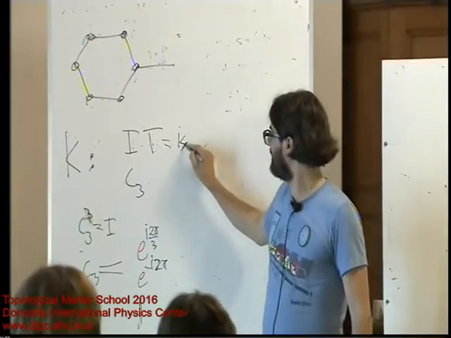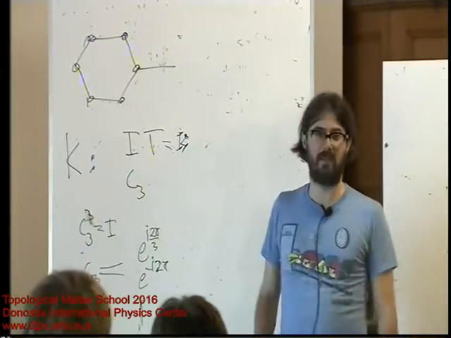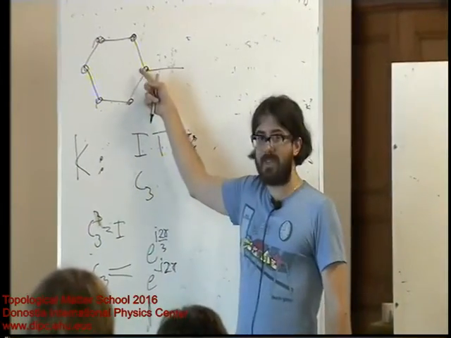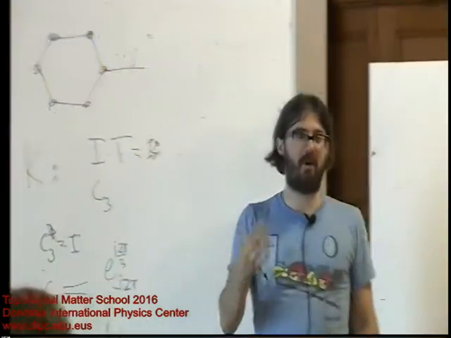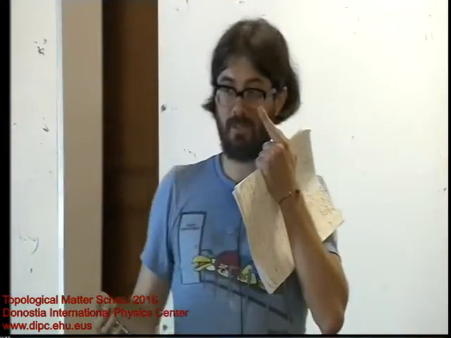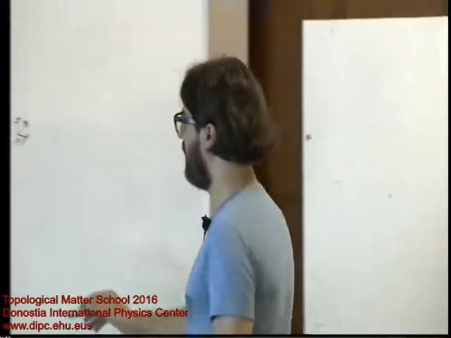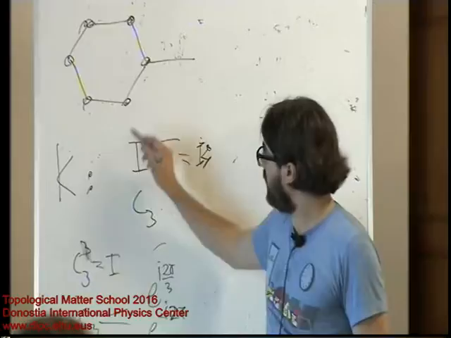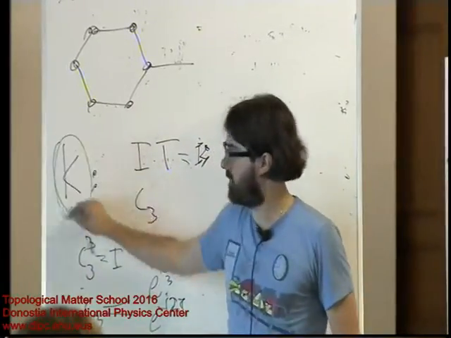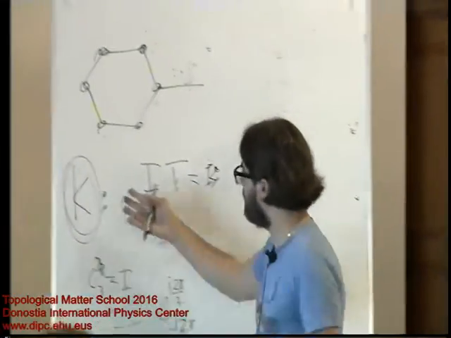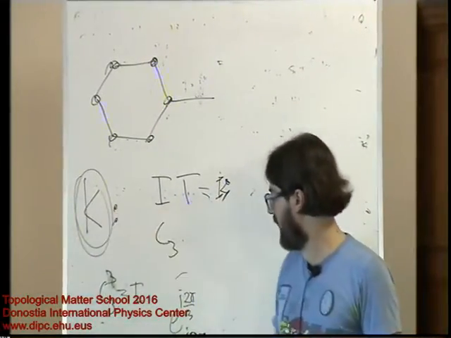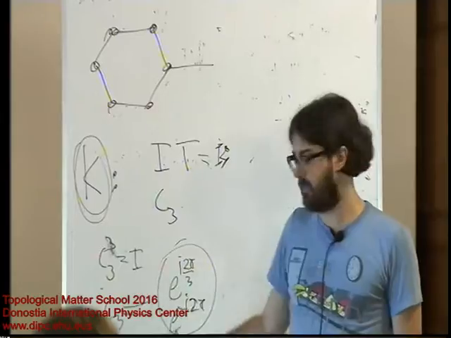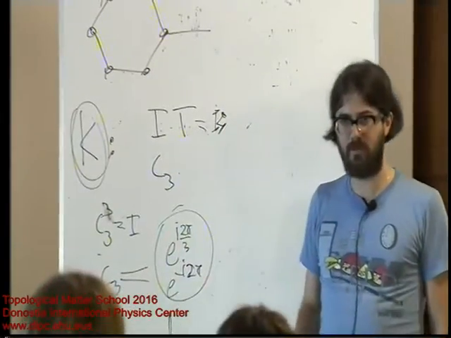Too many Ks. So if bands at this point, if bands that come out of the S or pz orbitals at this point have eigenvalues under C3, so C3 is a good symmetry group at K. It commutes with the Hamiltonian. I should be able to diagonalize both the Hamiltonian and C3. So if the bands have eigenvalues under C3 at the K point, which are these rather than this, what does it mean?